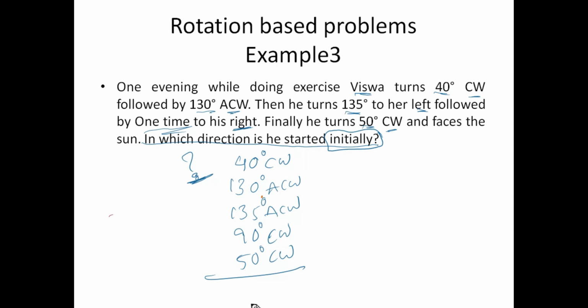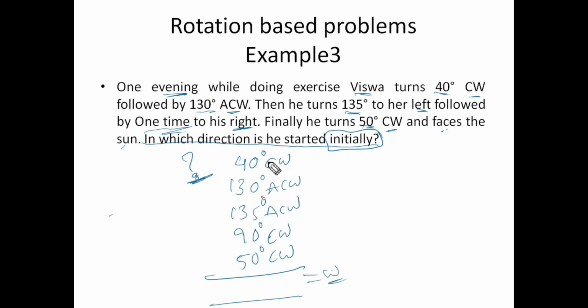Facing the sun means he is facing east or west. Is it morning or evening? Evening. Is the evening sun in the east or west? West. So the final facing direction is west.